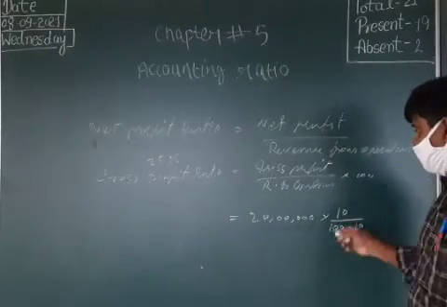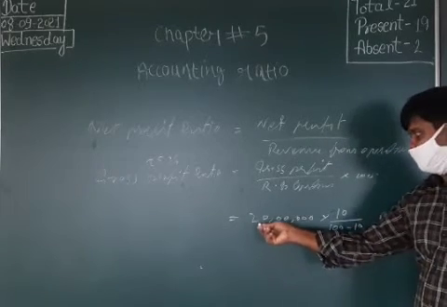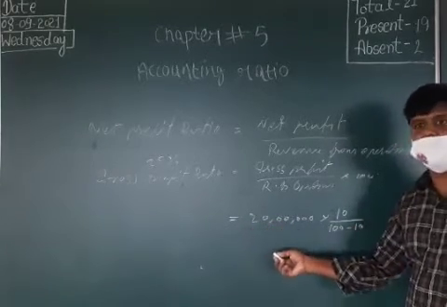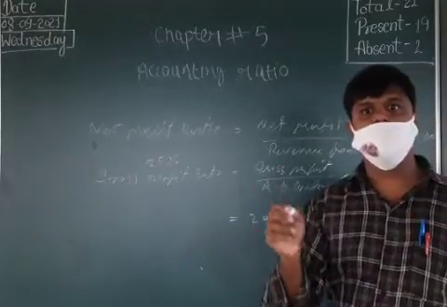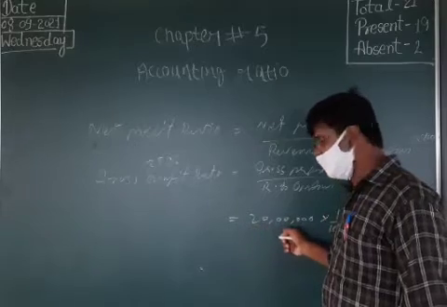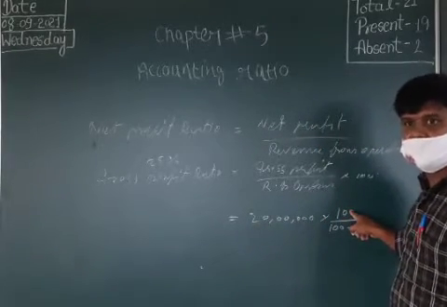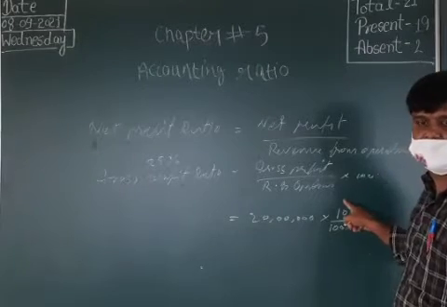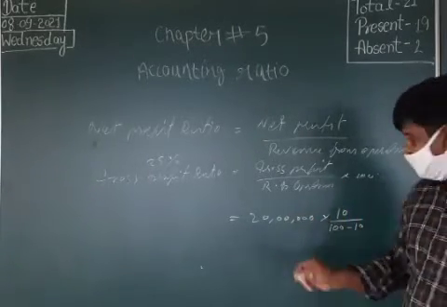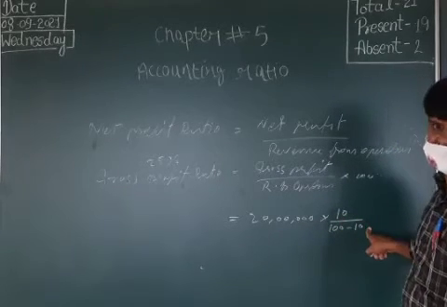So using this formula, the given amount is 20 lakh, the credit revenue from operation, into the percentage, which is 10%, upon 100 minus the rate of percentage.